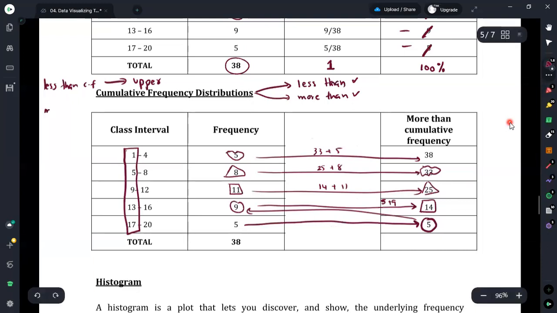For the more than cumulative frequency, to interpret it, we are using the lower limit or the lower boundary value.